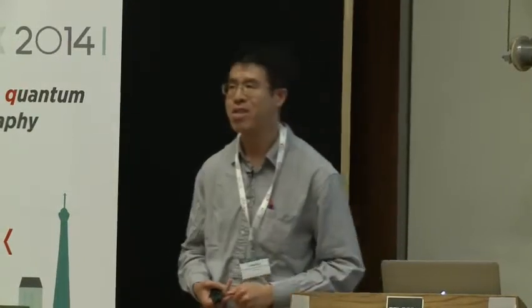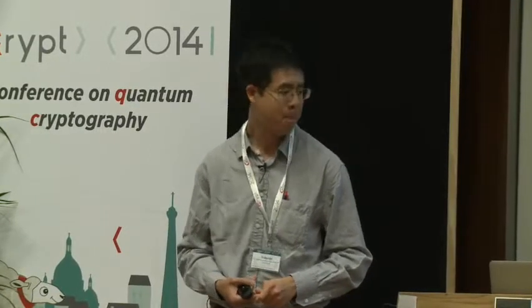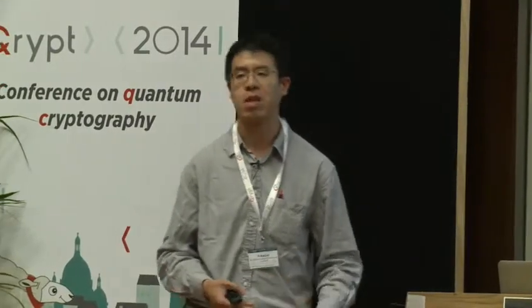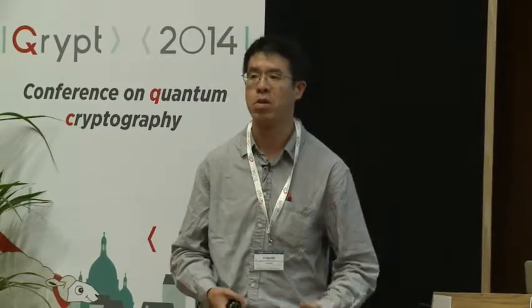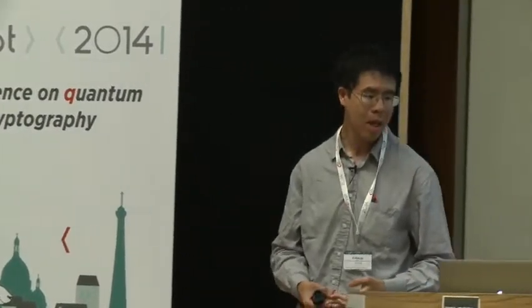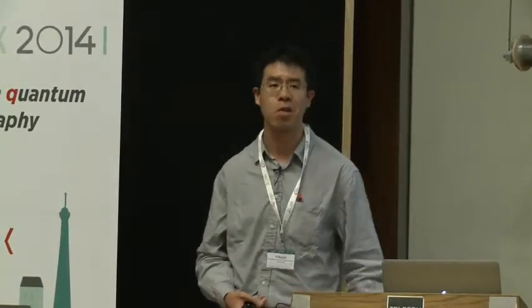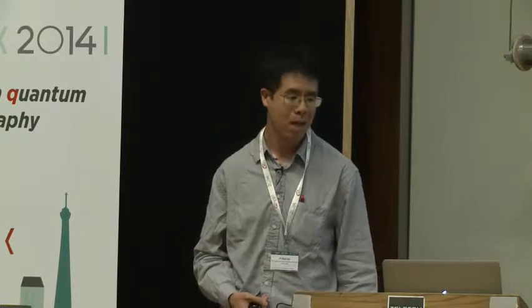On a technical level, there are basically two results that I will try to describe to you. The first one is a construction for one-time memories based on an old idea due to Wiesner called conjugate coding. This conjugate coding idea by itself is not secure against quantum adversaries.